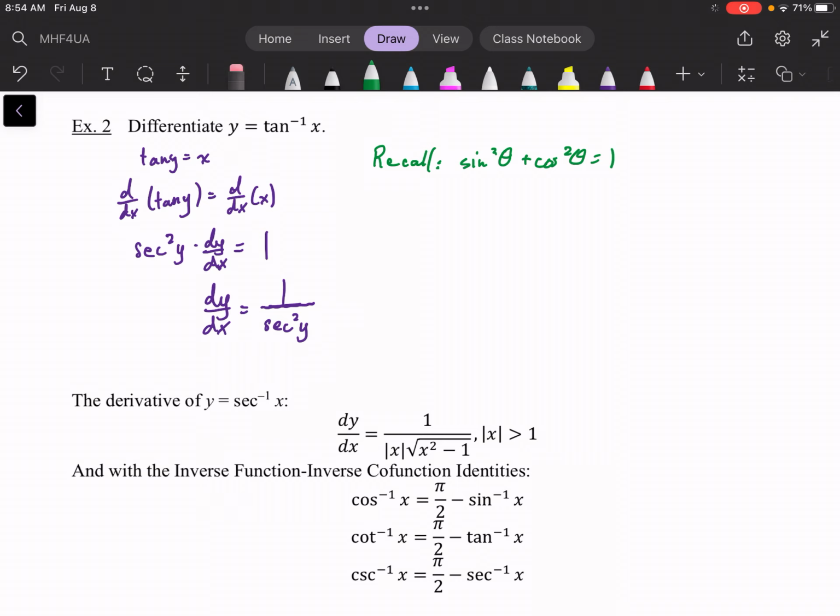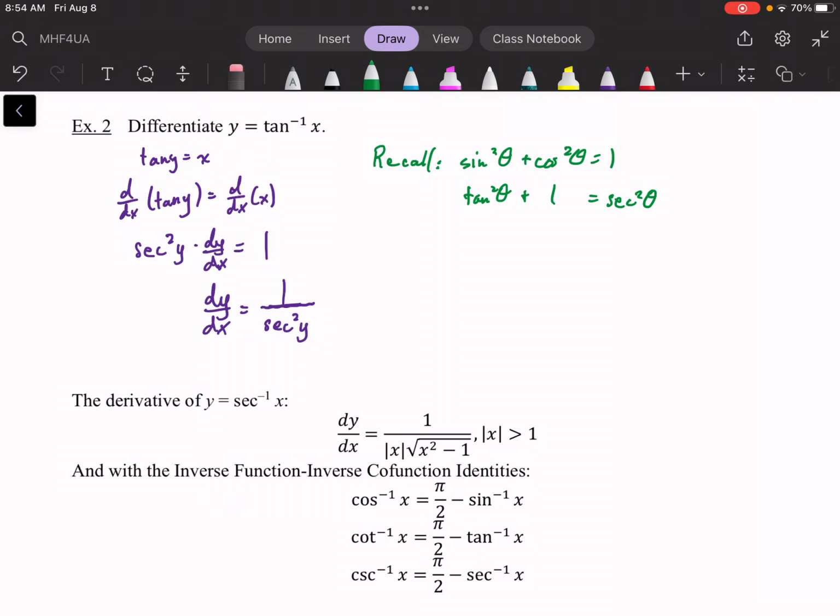Well, we want to change some things into secant squared y. I can change the 1 into a secant squared by dividing by cosine squared. So that's going to give me secant squared theta. But if I divide everything by cosine squared theta, this one will turn out to be tan squared theta. This will turn out to be 1.